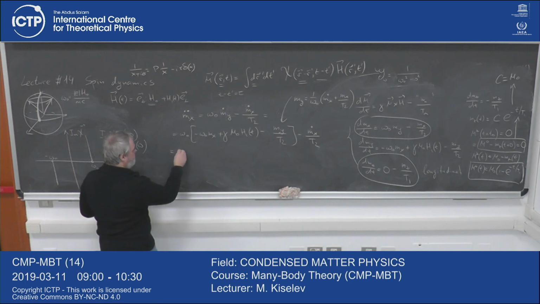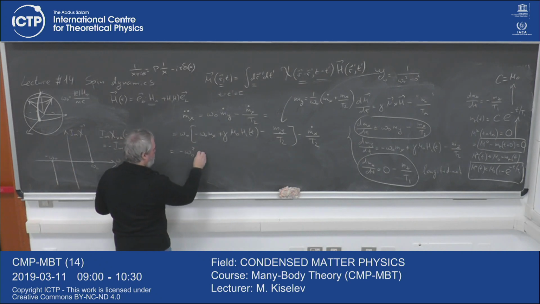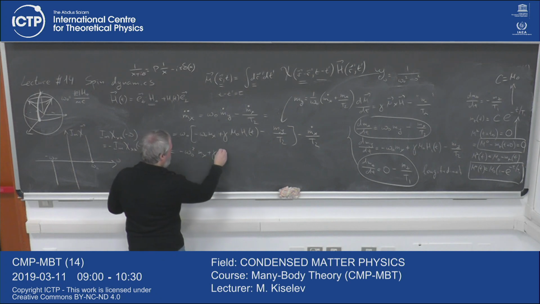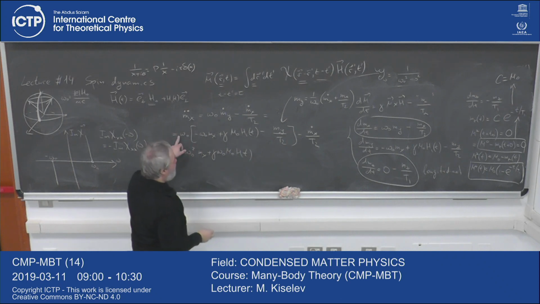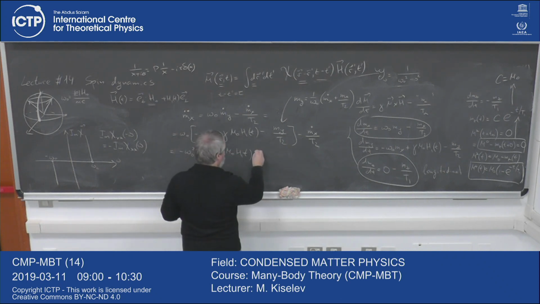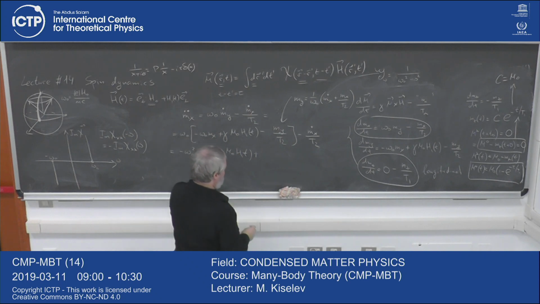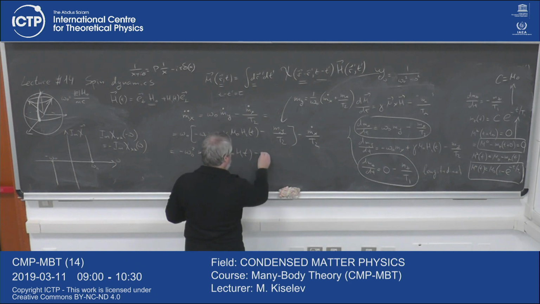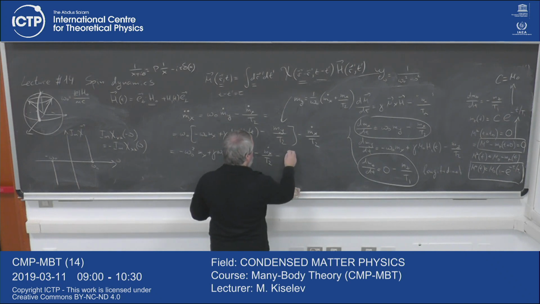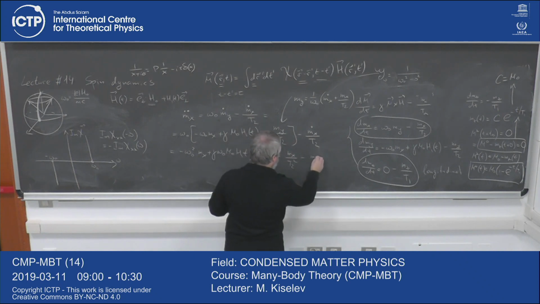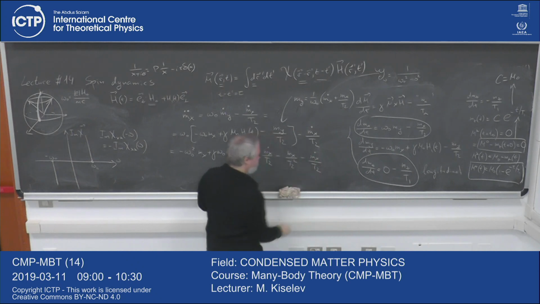So what I have is minus omega naught square mx plus gamma omega naught m naught h1(t), minus mx dot over T2, minus mx over T2 square, and minus mx dot over T2.